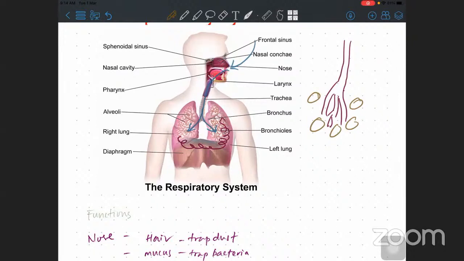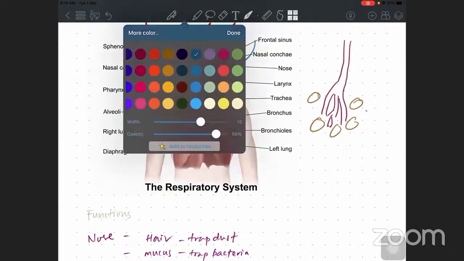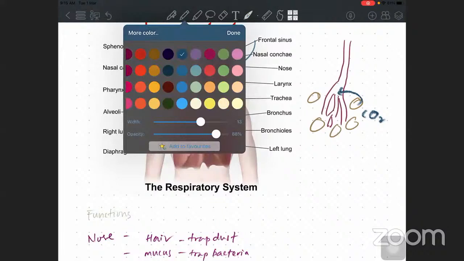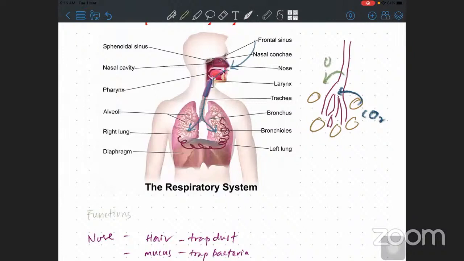The carbon dioxide from the cell will diffuse in, whereas the oxygen will diffuse out to the cell, and some chemical reactions happen here to release the energy. So we have two parts. The first part is called breathing. Okay, so I should erase this one.